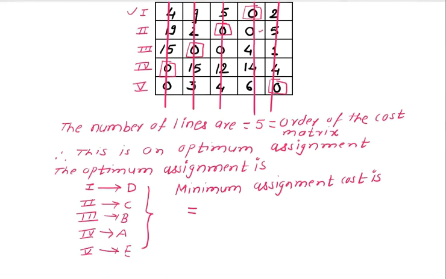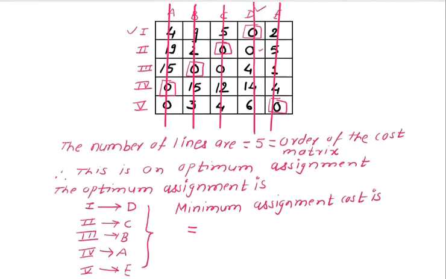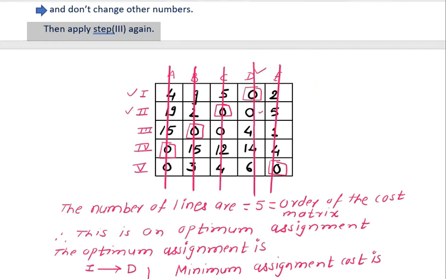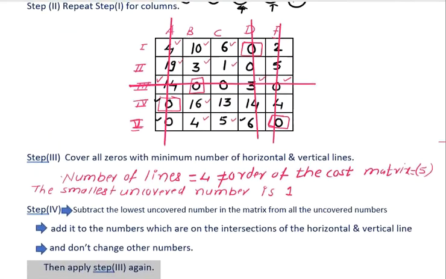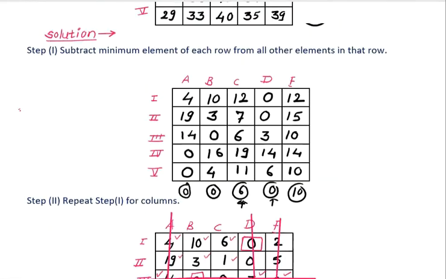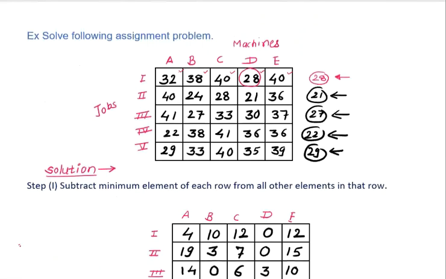Then the second job is assigned to machine C. So the cost of assigning the second job to machine C is C23. C23 is 28.